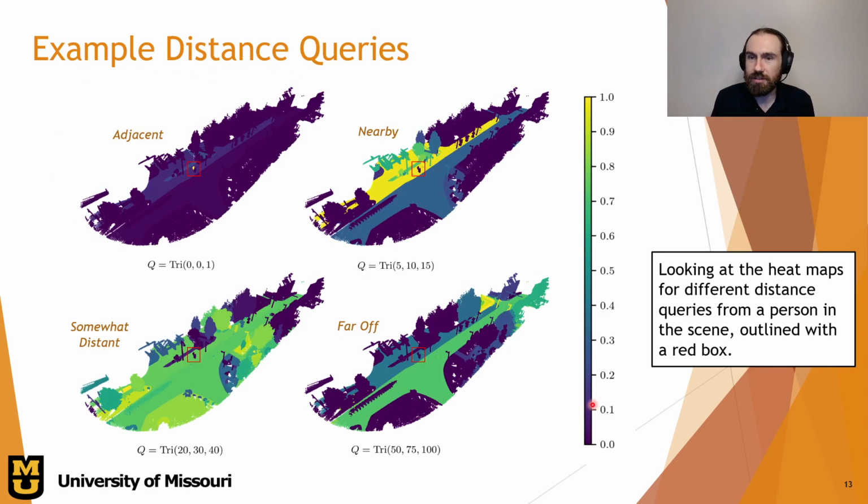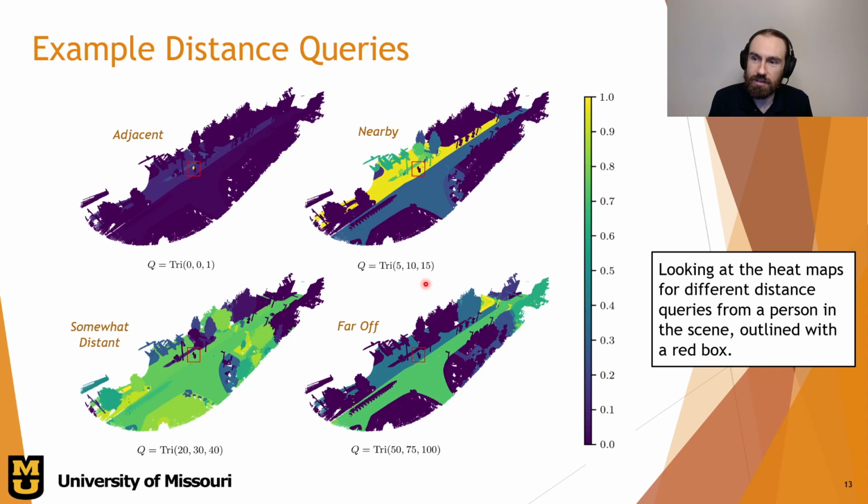So here are a couple examples. We're looking at a person in this scene outlined with a red box. In this first case, we're looking at a query distance of 0, 0, 1. So the distances have to be completely less than 1 meter away from this person. So we see in this heat map just about nothing is lit up except the person itself.